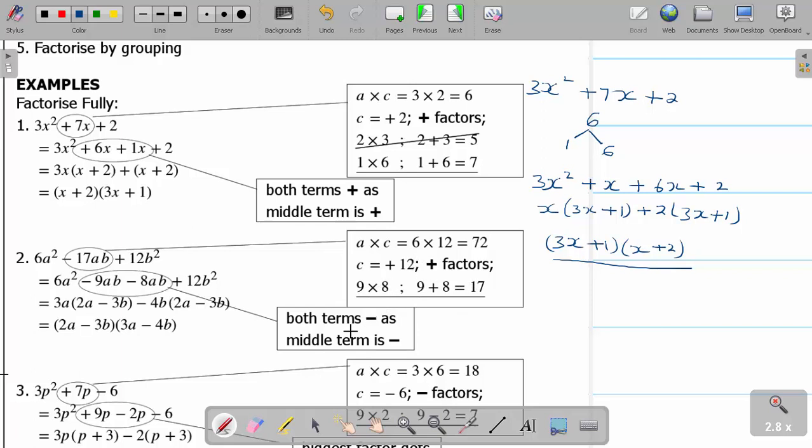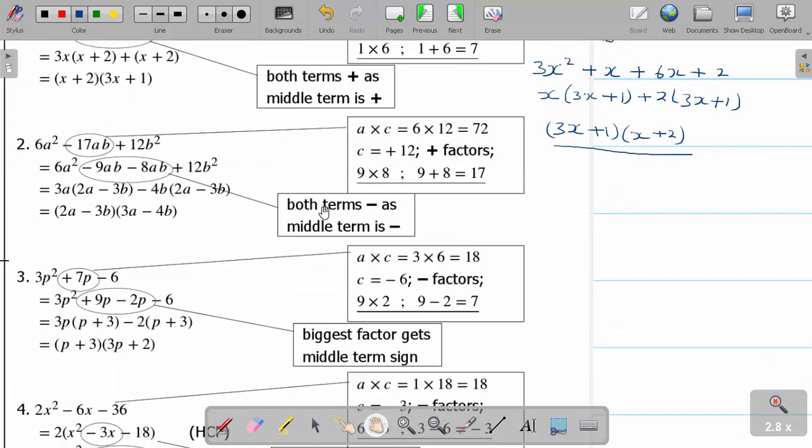In the first example, because of the positive middle term, both terms were positive, because positive 1 plus positive 6 gives us positive 7. Now we write minus 17ab as minus 9ab minus 8ab. Now we do grouping again here.